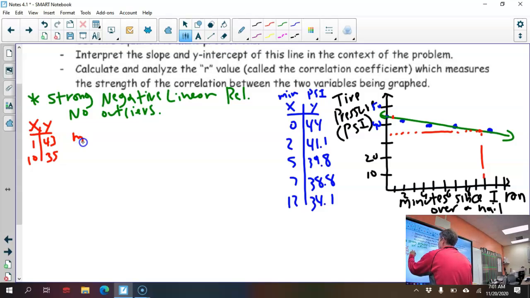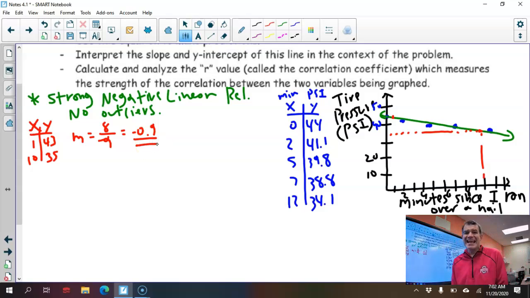First, I would get the slope. The slope would be y minus y, 43 minus 35 over 1 minus 10. It'd be negative 8/9, which if I rounded that, would be about negative 0.9. Negative 0.8888, repeating actually. But I'm going to round to the nearest tenth.